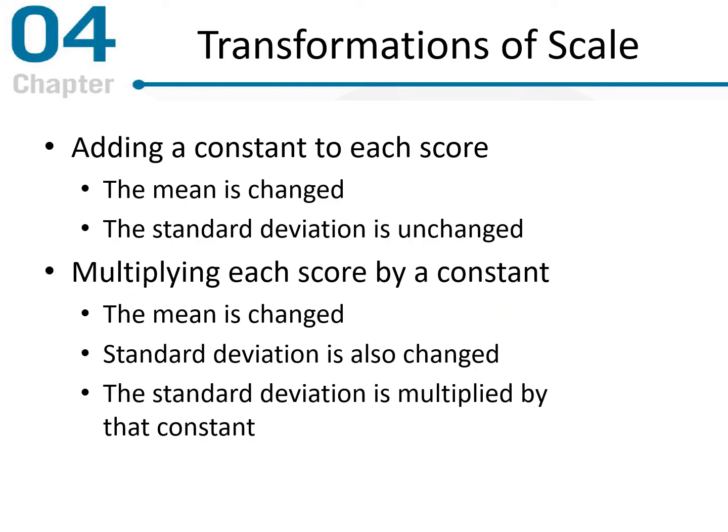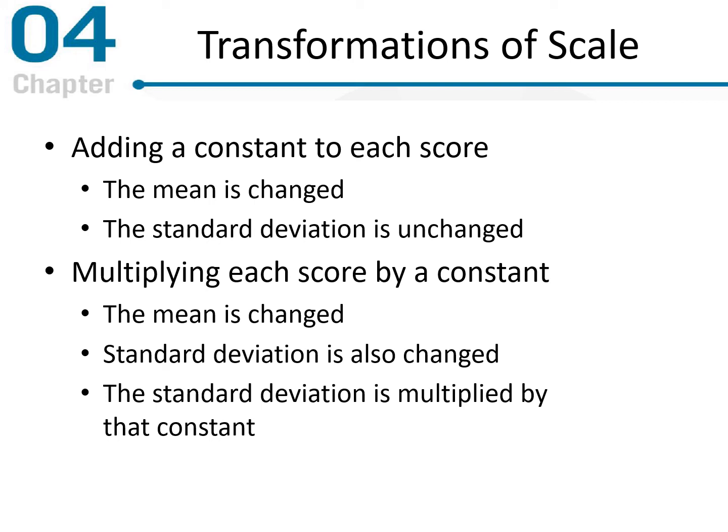Now, can you do transformations to your data set, to your sample, and will that affect the population mean and standard deviation, or the sample mean and standard deviation, I should say? You could do it with the population as well, but most of the time we're doing a transformation to our sample. If I add a constant, the same number to all of my scores in my sample or my population, the mean is changed.